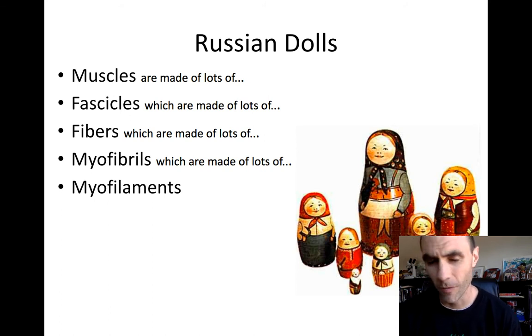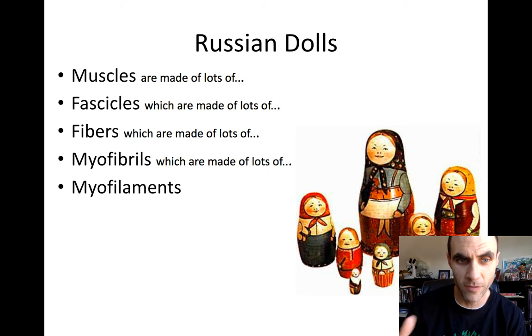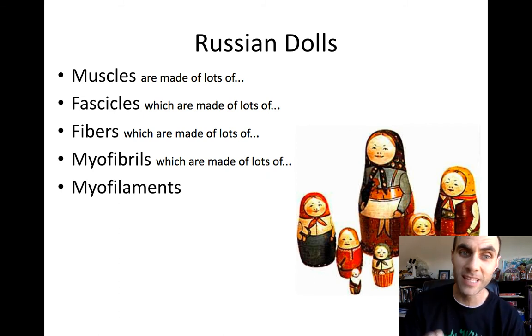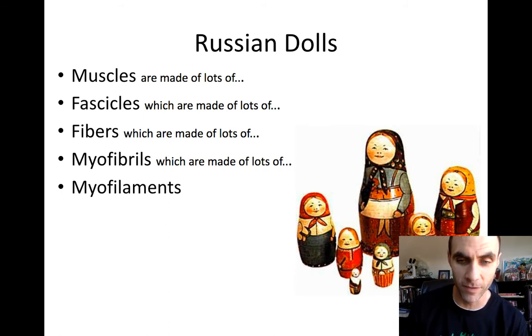We're going to explain what a fascicle is, I promise. Fascicles are made of lots and lots of fibers. So it's this organization of muscle tissue that we should pay attention to. Those muscle fibers are made of lots and lots of things called myofibrils. And lastly, myofibrils are made of lots and lots of myofilaments.